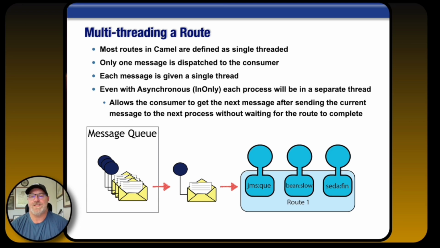Or you can do things like InOnly, and that will push the message to the first processor, and that will then in turn generate a new thread for each and every processor down the line.